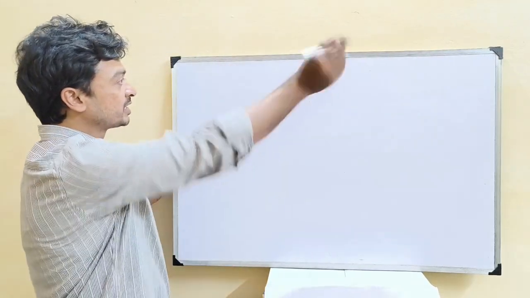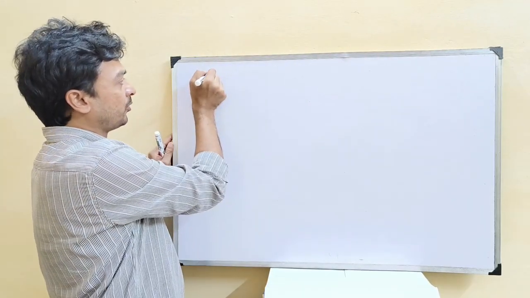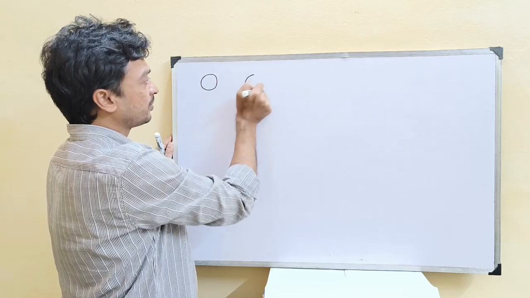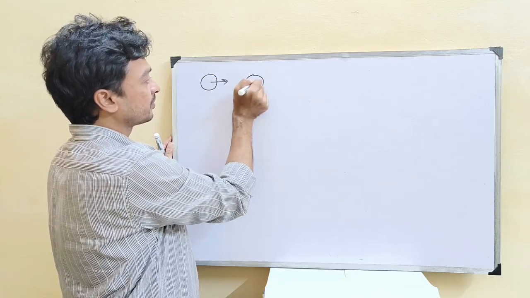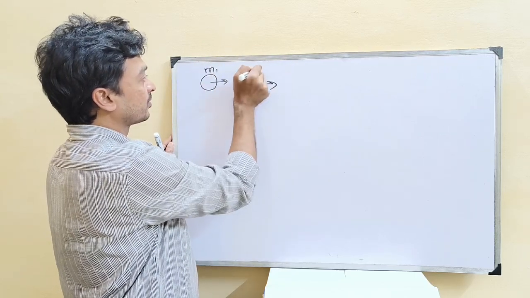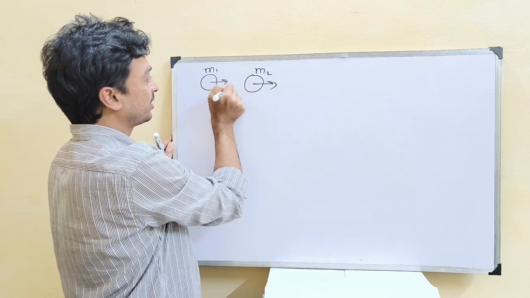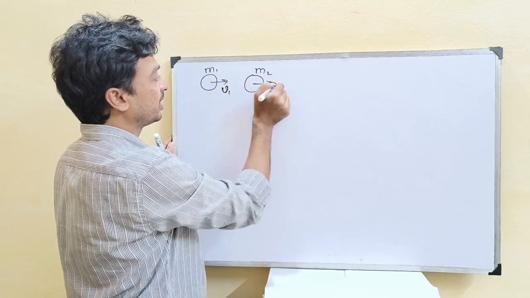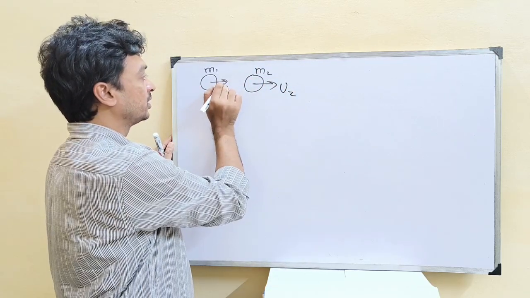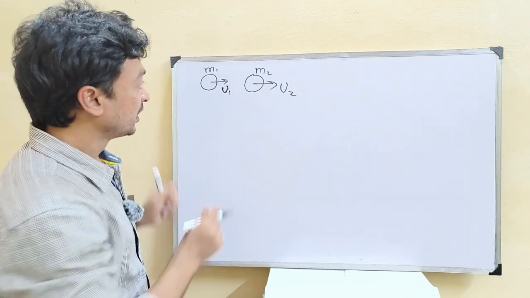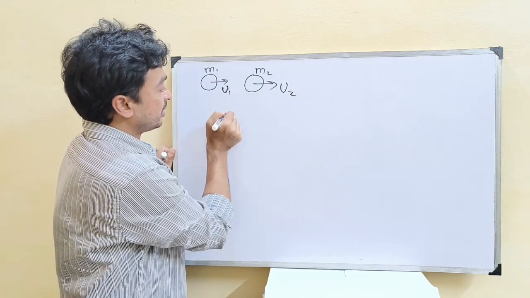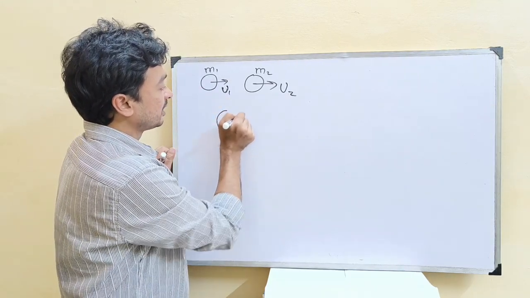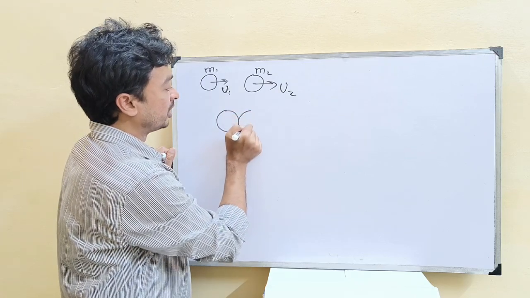Now consider the situation. Here we have two objects moving with speed u1 and u2. Okay, this is u1 and u2, and after some time they come in contact.